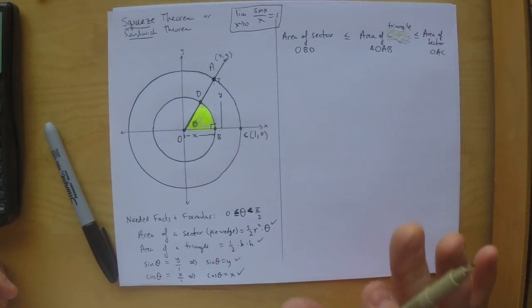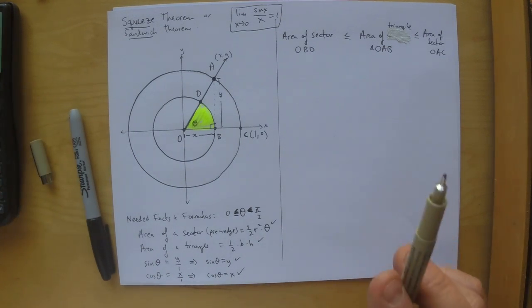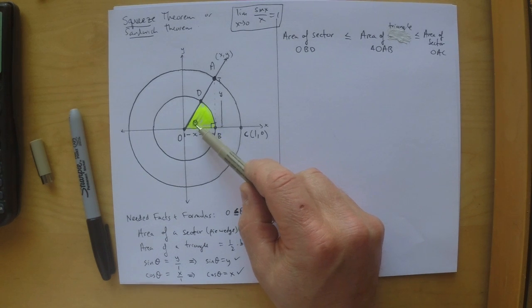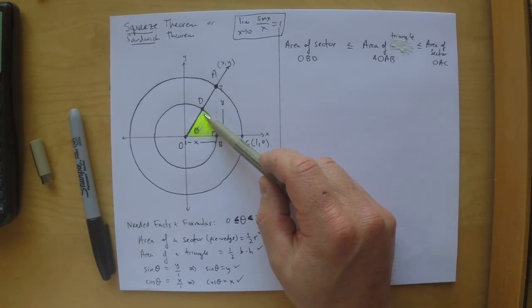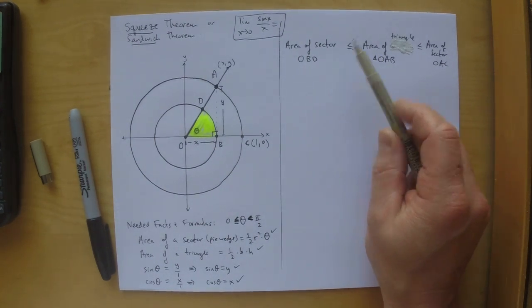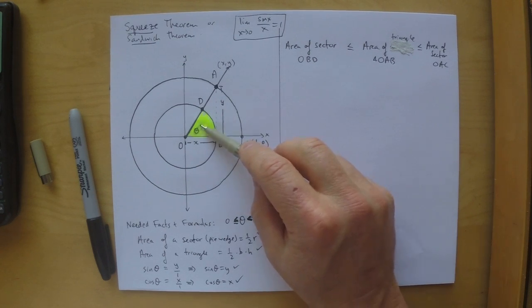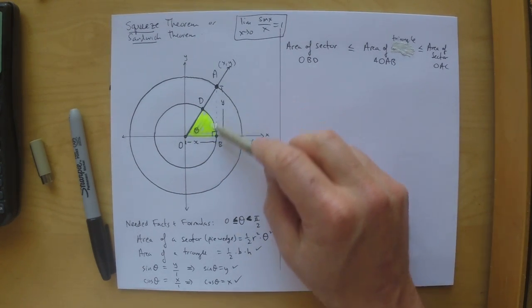And here's what the squeeze theorem says. The geometrical thought would be that this sector OBD, what I've shaded in here, is going to be less than or equal to, and it would be equal if this was squished down to 0, but right now it is definitely smaller than the triangle OAB.